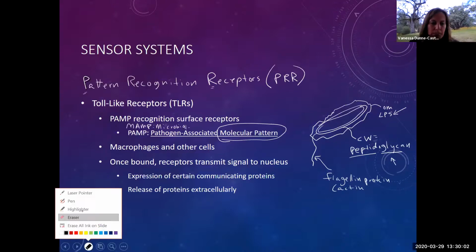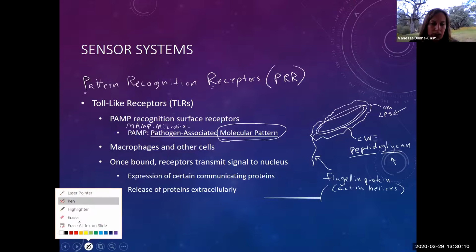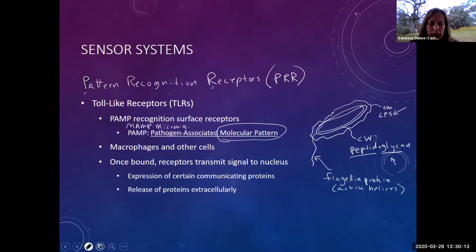These flagellin proteins are yet another example of a molecular pattern, protein helices just repeated over and over and over again. So here are three examples of microbial associated molecular patterns that we have receptors for in particular.